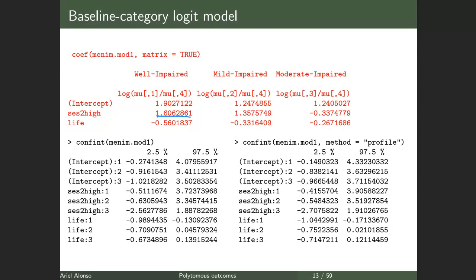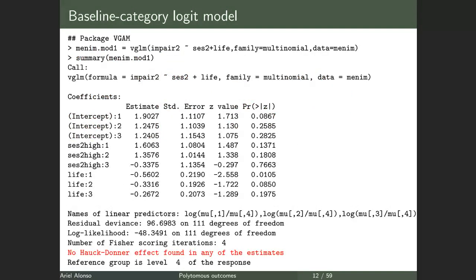And here the same happens: the odds of being mild instead of impaired are larger for people with a high socioeconomic status than with a low one. And here the opposite seems to happen, but that coefficient was not significant, if I remember correctly. Yes, it was 0.76, but we will test that later on.